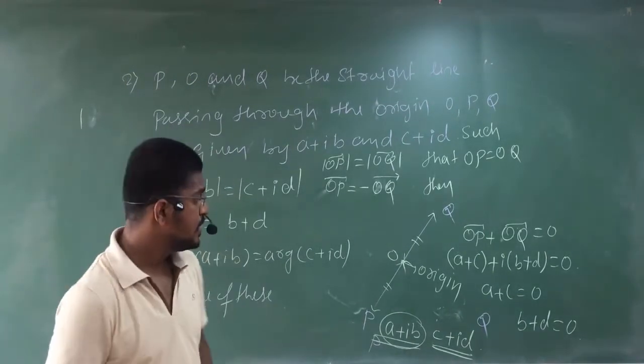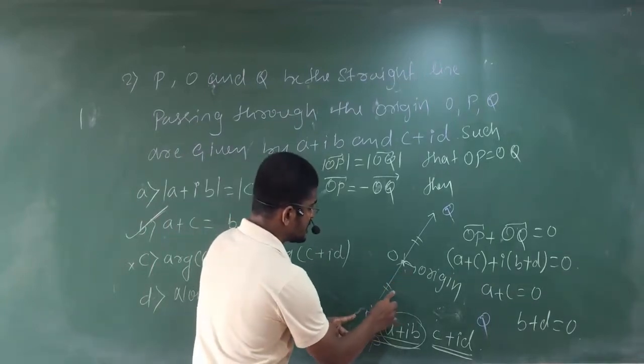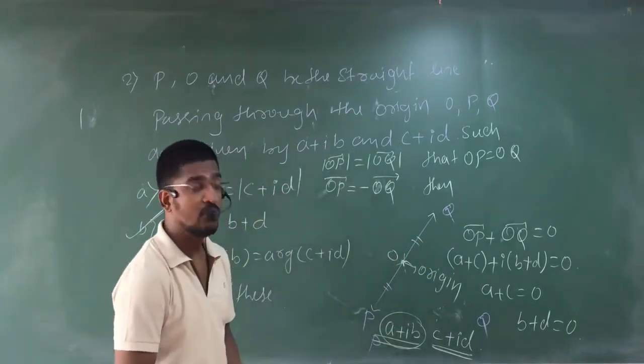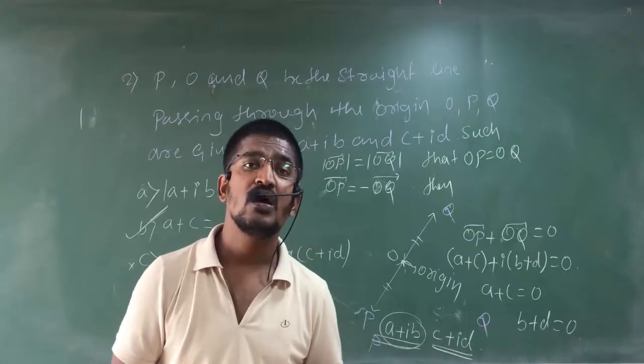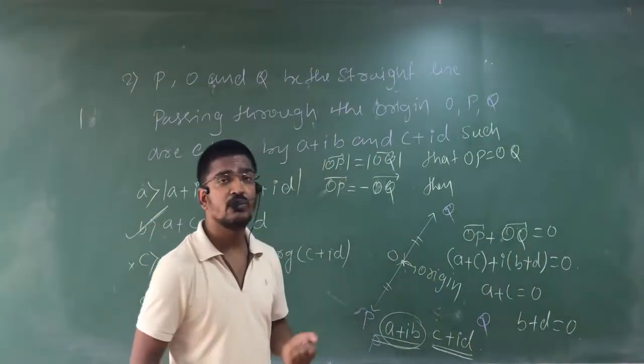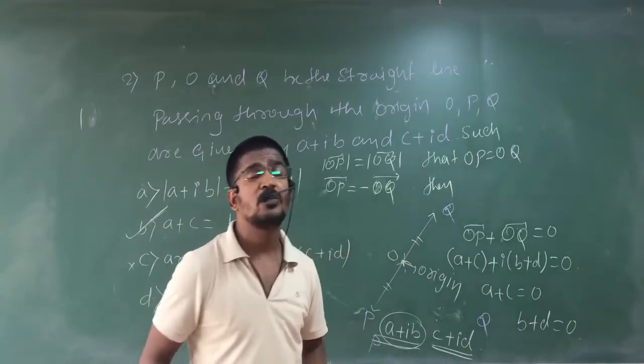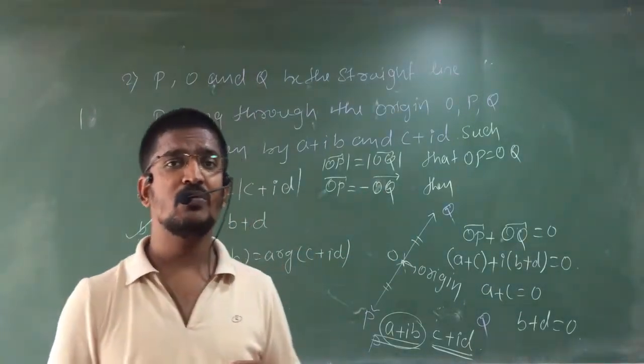Make sure that the slopes of these lines are going to be the same, but not the argument of the complex number, that is, the argument of complex number P and the argument of complex number Q. Are you getting my point, students?